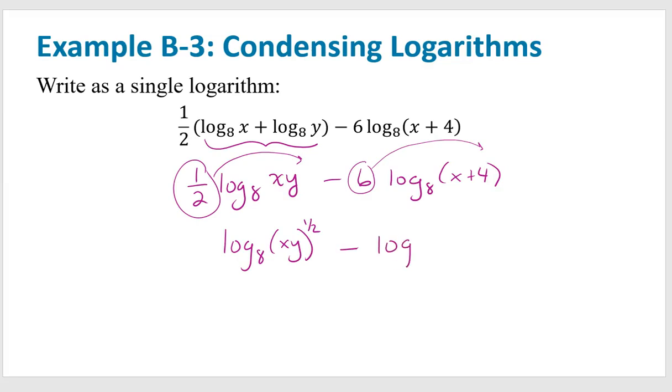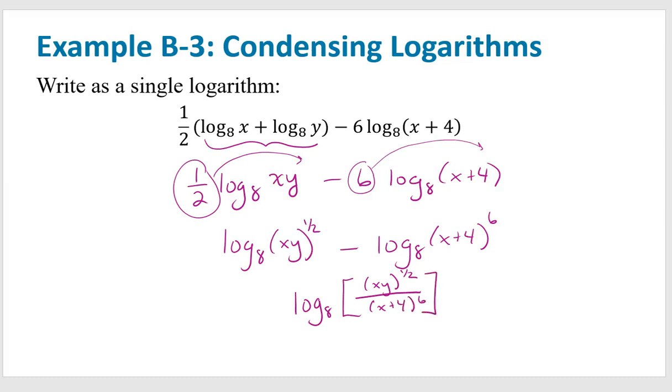Minus log base 8 of x plus 4 to the 6th power. So got rid of those powers. Excellent. All right, then I see I have a subtraction sign, which means I will have a quotient. So this is log base 8 of all of this stuff. xy to the 1/2 power is my numerator, and then my denominator is x plus 4 to the 6th power.